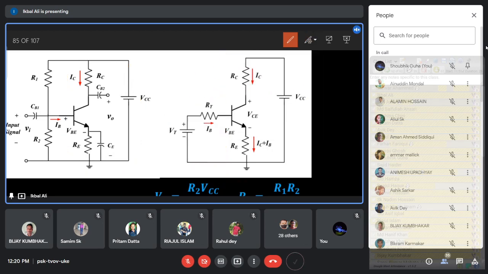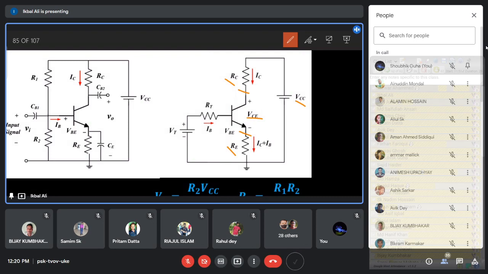RC together with VCC gives you the collector biasing, as does the RE resistance. This RC, RE and VCC actually set the collector emitter voltage. So this is your collector emitter voltage, VCE, between the collector point and the emitter point.